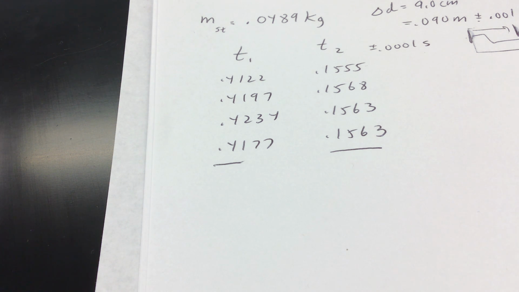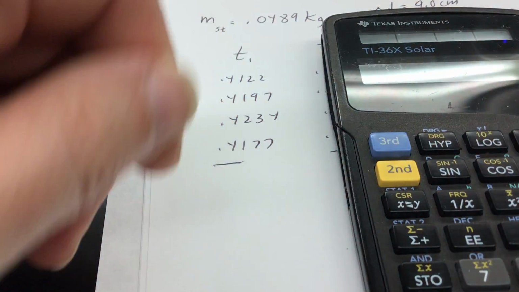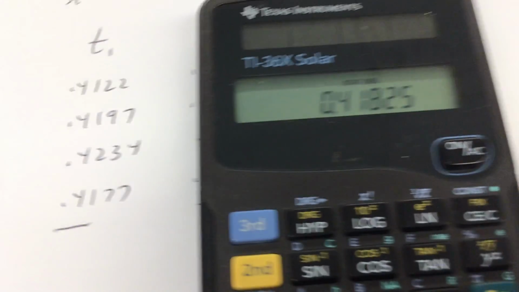Now what I'm going to do is find the average. I don't know if you can see this. The average is 0.41825, so it's 0.4183. The average for T1. Then I'm going to find the standard deviation by hitting another button on here.